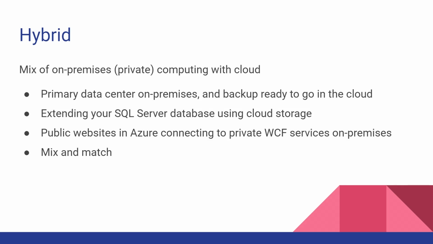So it's not used except in case of emergency. Your SQL Server has the extension option where you can push data from a local SQL Server into the cloud, take advantage of the cloud storage. There is the opposite where you can have Azure public services connecting to private services in your network through a gateway relay, any kind of mix and match between public and private.